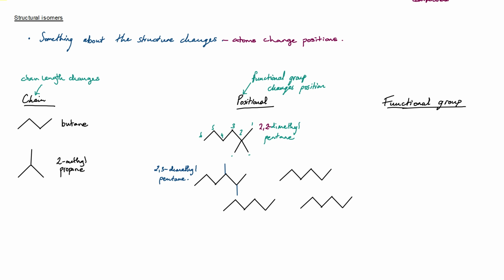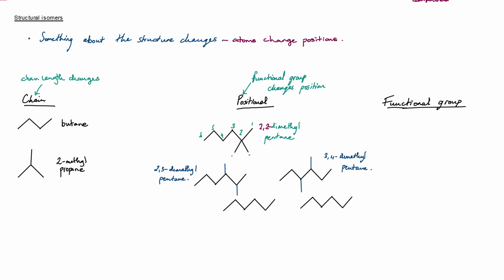Let's have a look at some other options. I can move the second methyl on the second carbon to another position as well. So I could have one on the third and one on the fourth, which turns this into 3,4-dimethyl pentane.